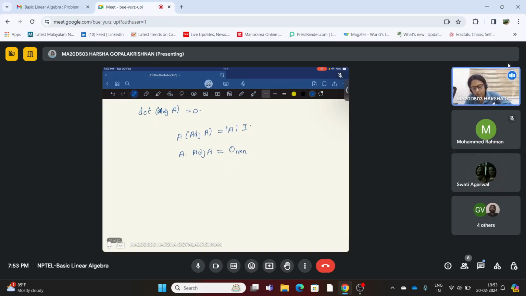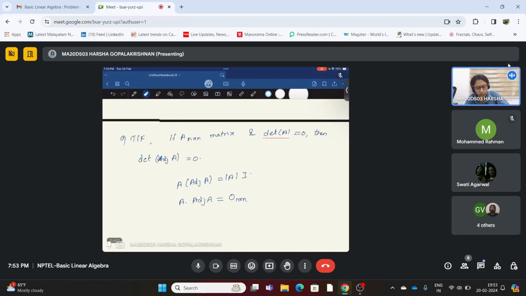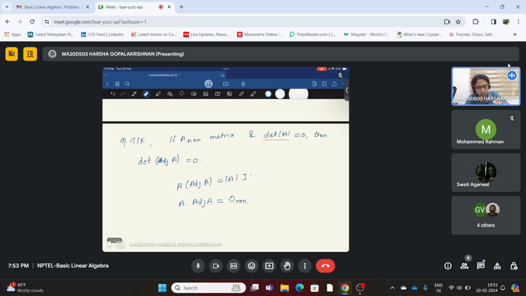So let us prove it by contradiction. What we want to check is whether determinant of adjoint A is 0 or not.